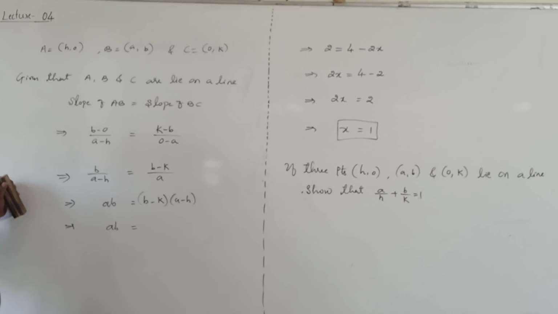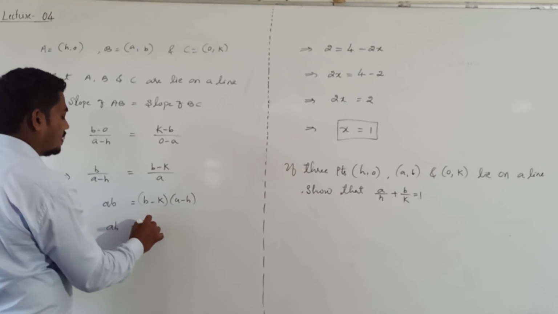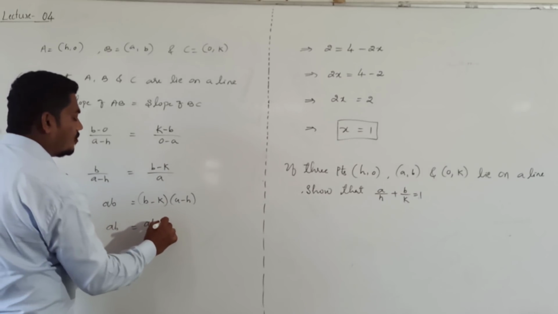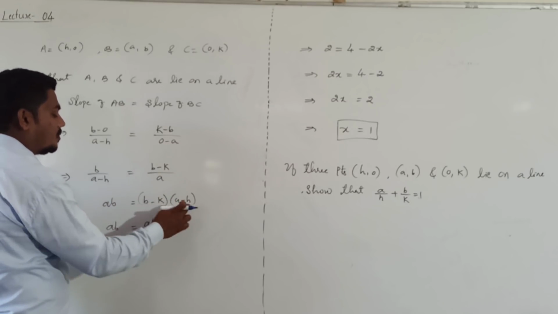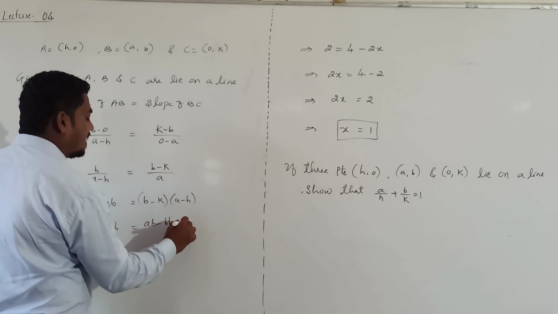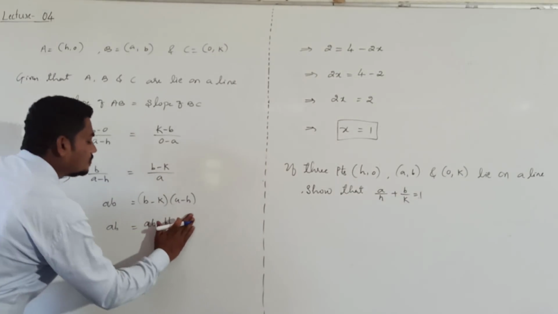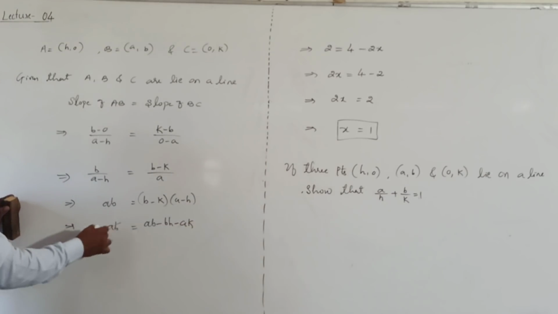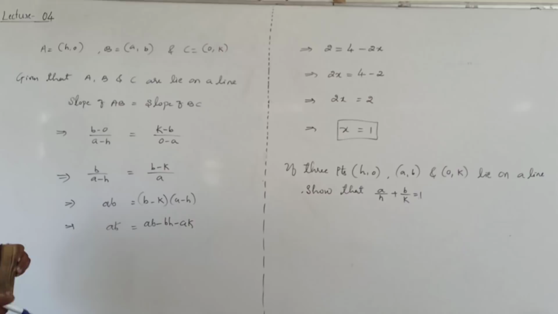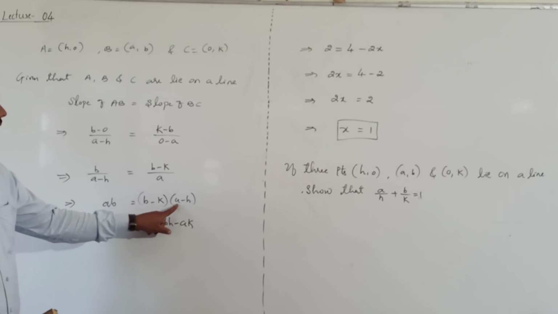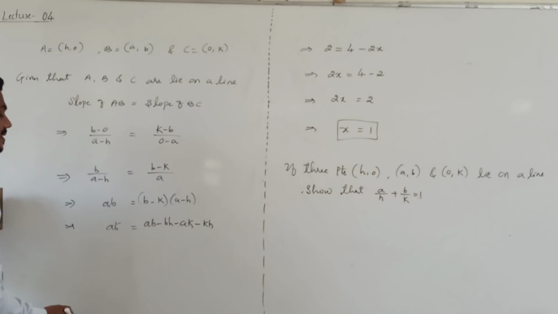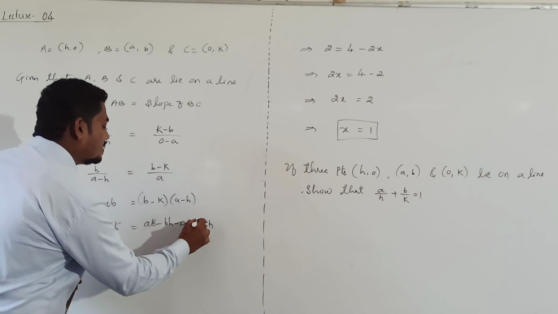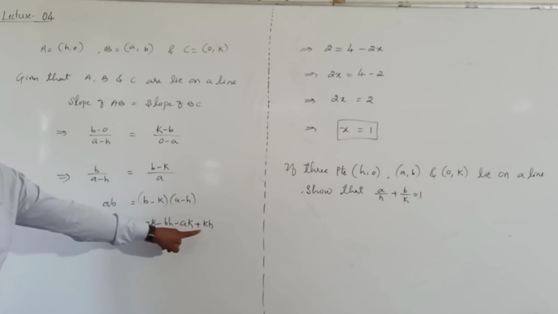Usual multiplication: b into a is ab, b into minus h is minus bh, minus k into a is minus ak, and minus k into minus h is plus kh. Now on both sides ab gets cancelled.